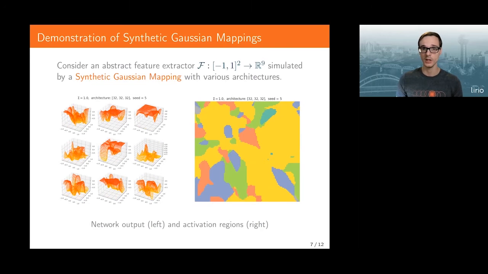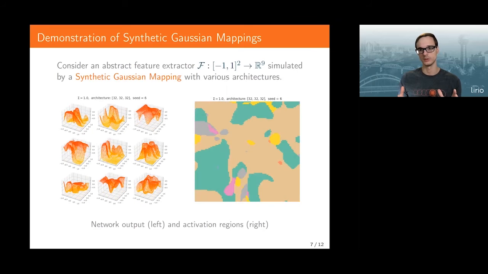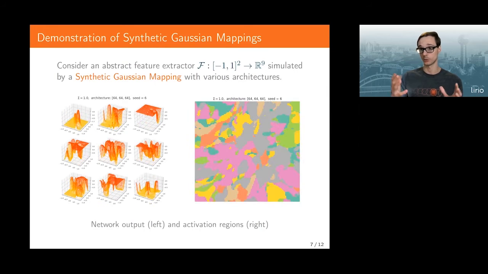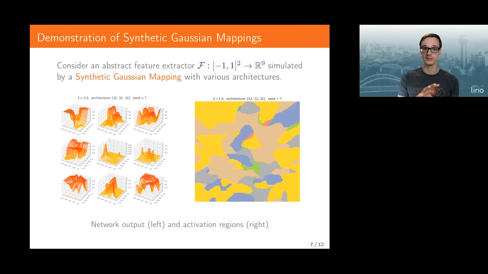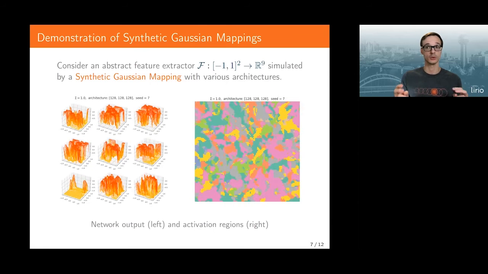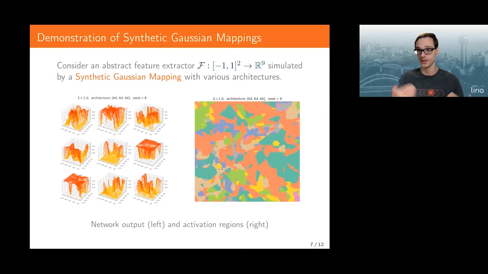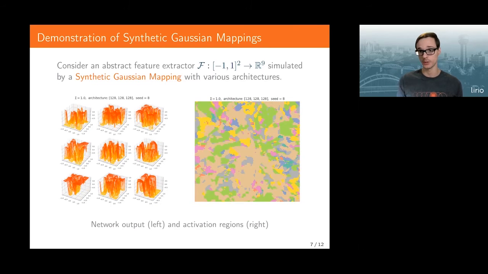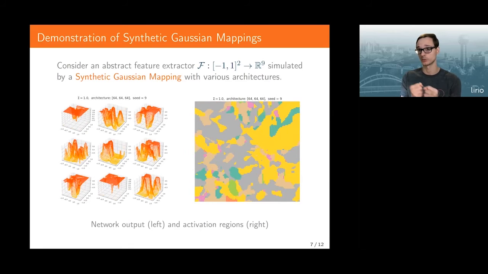Now, what I want you to note is that these mappings, on one hand, look sufficiently random, but on the other hand, they look very intentional. These are definitely networks that do something, that extract some sort of abstract features. We, of course, have no way of knowing what those are, because they're completely randomly generated. But these are mappings that definitely extract some sort of features.